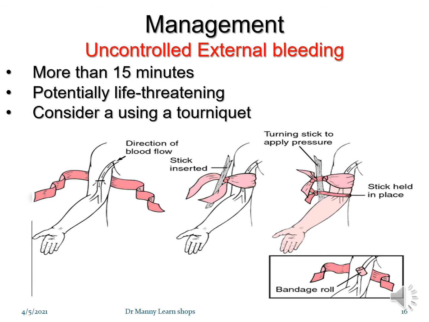It can be anything. It can be a piece of string, ribbon, bandage, material. And if you want to apply a lot of pressure to stem the flow of blood, especially if it's an artery, then you can use a stick as illustrated there, or a pencil, a biro, something where you can apply pressure by turning.